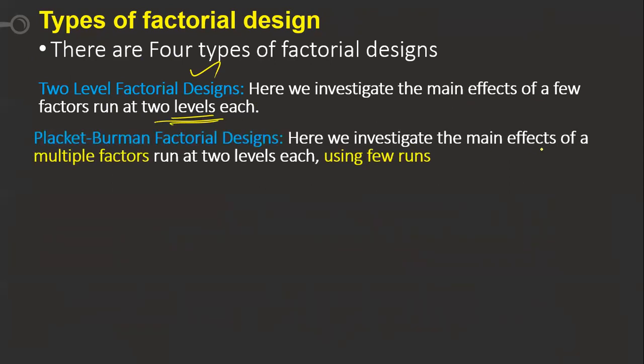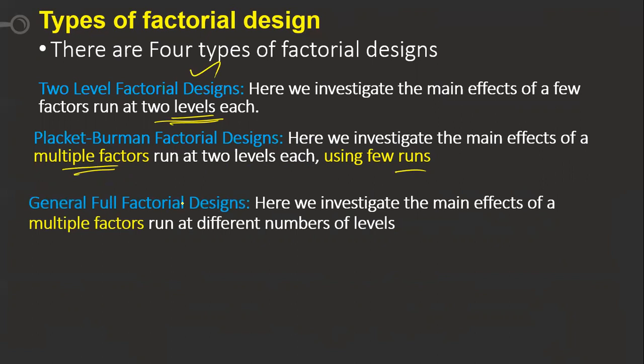Here we investigate the main effects of multiple factors at 2 levels each using few runs. The next one is the general full factorial. Investigate all effects. See, investigate the main effects of multiple factors run at different numbers of levels. Then I'll call it the general full factorial design.